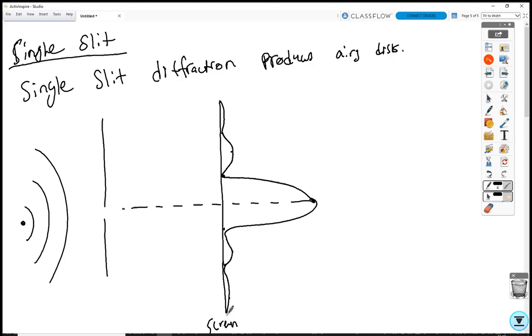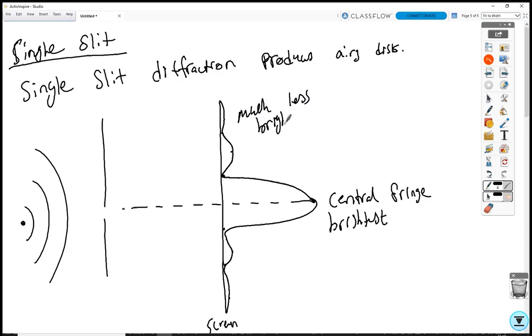So this is a graph of intensity of what we get. So the central fringe is brightest. And then we've got much less bright fringes.